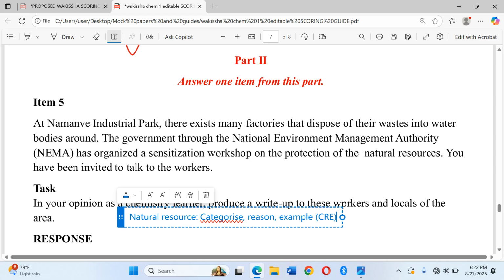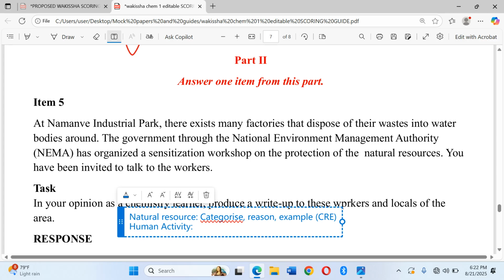In CRE. Then after that, we look at the human activity. Now, this human activity, which is affecting, we identify in the scenario the human activities that are affecting the natural resource or the environment.